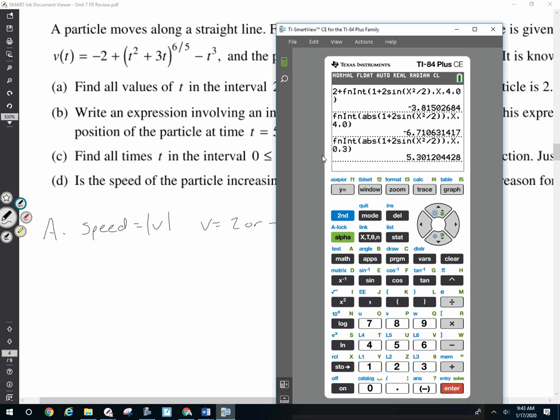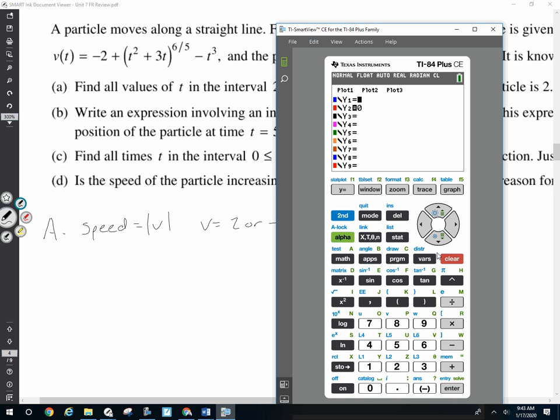I'm going to go ahead and graph my velocity: negative 2 plus t squared plus 3t to the 6/5 minus t cubed. I'm going to graph 2 and I'm going to graph negative 2. We did this in our first homework.